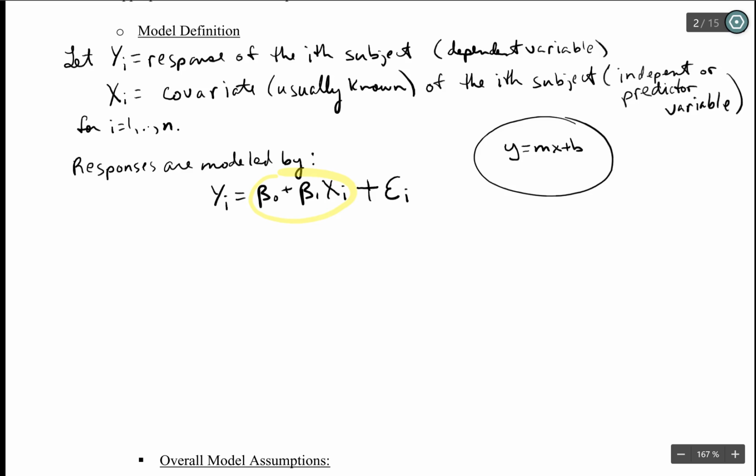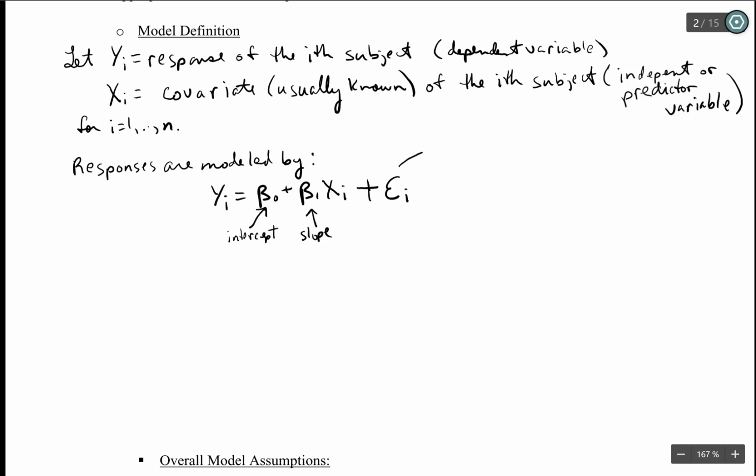We're representing the line a little bit differently here, but this is still the line part of the model. Beta naught plus beta 1 x, and this term, beta naught, is the intercept. Beta 1 is the slope. It's the coefficient in front of the x.